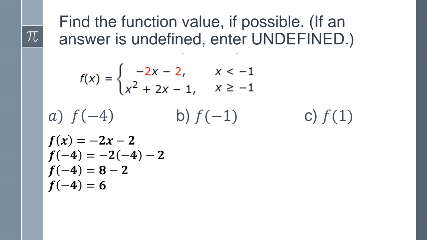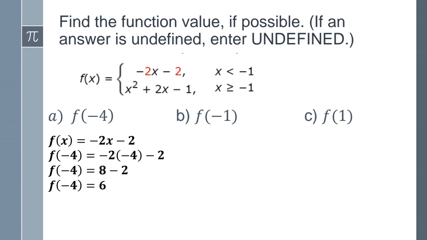If they want me to evaluate the function at -1, then again, I'm going to say to myself, which function does this belong to? Then I pick the first one. Is -1 less than -1? No. It would be equal, not less than. So it matches the second one. Is -1 greater than or equal to -1? The answer is yes. So I am now using the second function to evaluate.